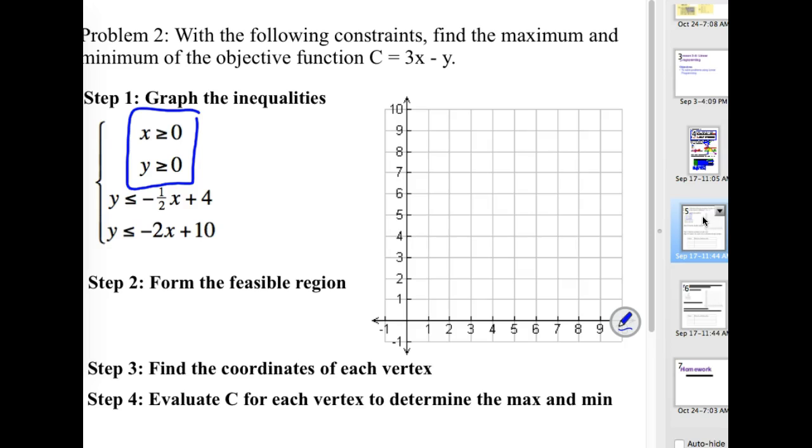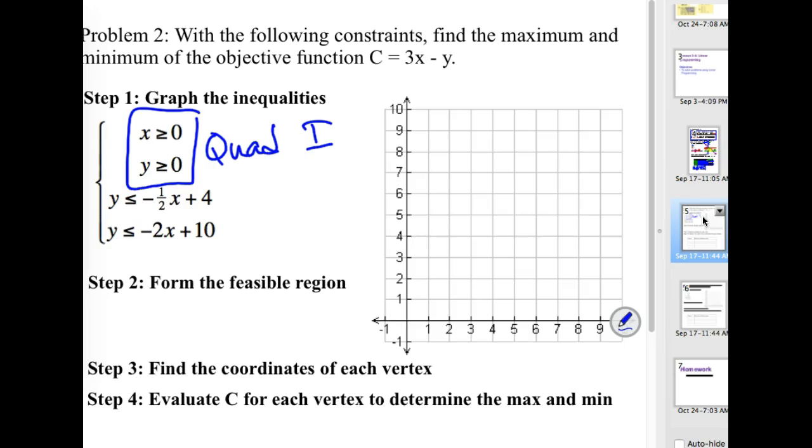What? We can't have negatives. Where on my coordinate plane would I have negatives? All the other quadrants, right? So when I see this, x is greater than or equal to 0, y is greater than or equal to 0, automatically I know I have to be in quadrant 1, right?